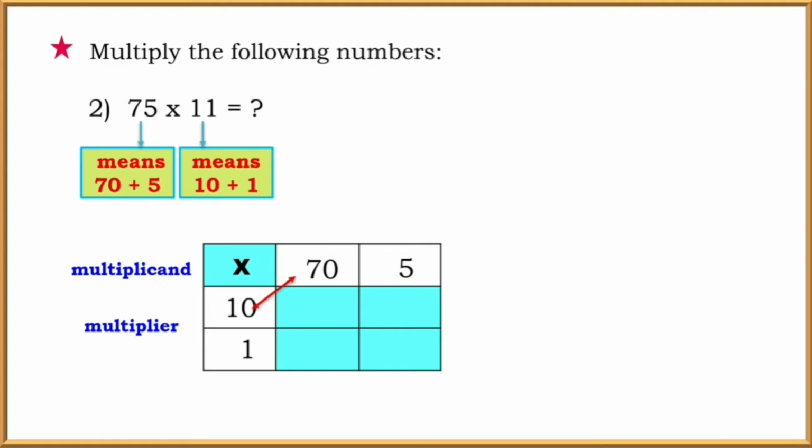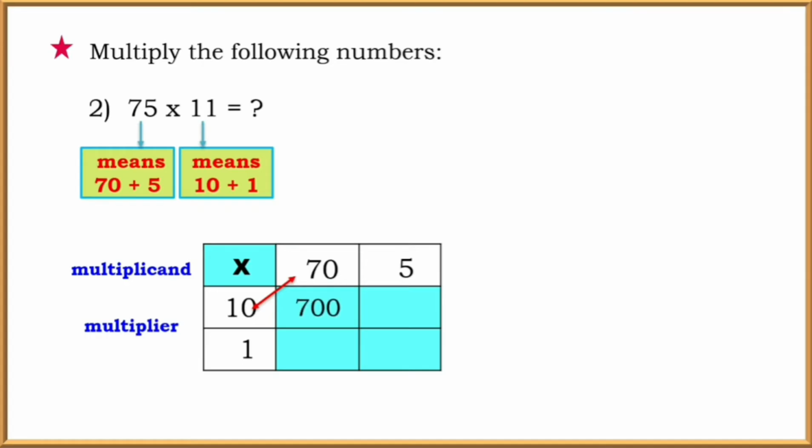Now we will multiply 10 by 70. So children, how we will multiply 10 by 70? Yes, first we will multiply 1 by 7. Then we will put 1 0 from this 10 and then again we will put 1 0 from this 70.